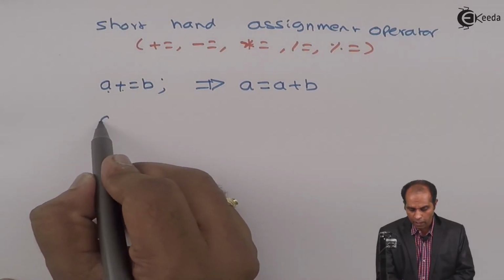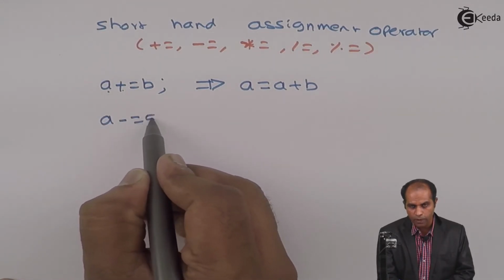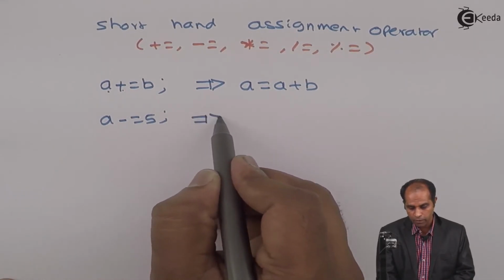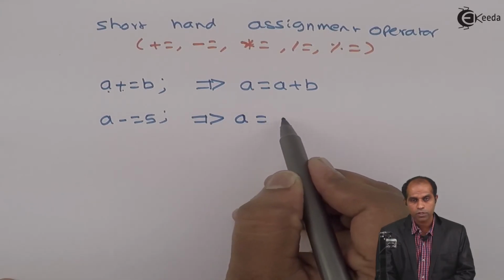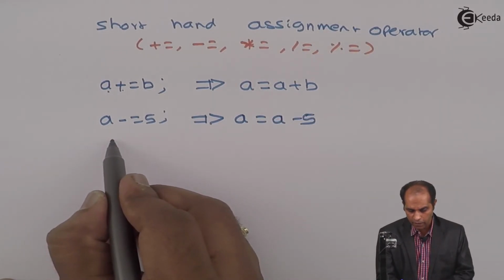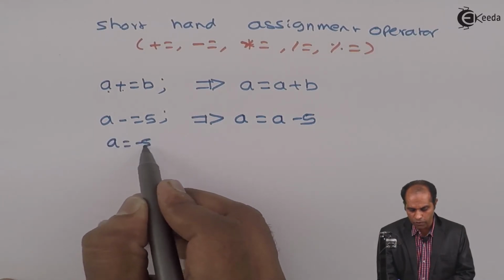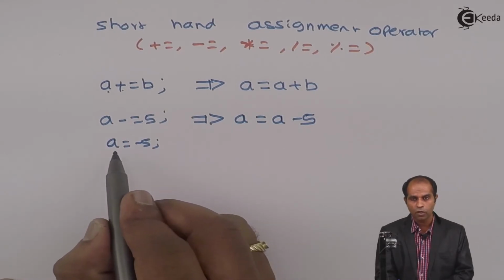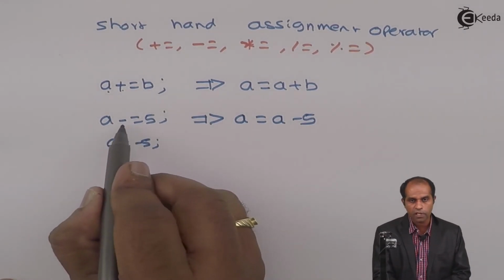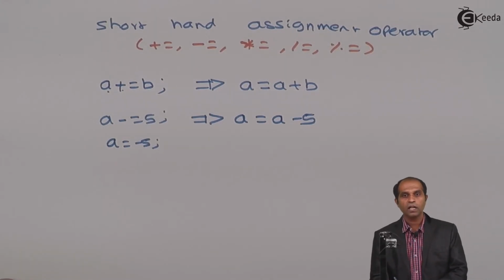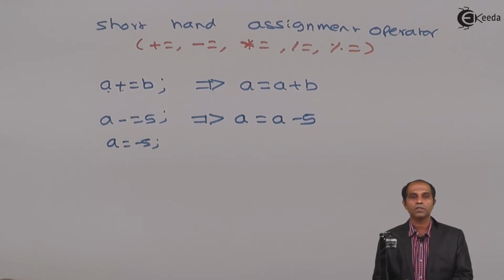Suppose I say a minus equals to 5, how does the expression get expanded? Say this with me. a equals to a minus 5. But if I say a equals to minus 5, does it mean that the same operation will be run? No. If I interchange the place of the arithmetic and the assignment operator, never say that it will still produce the same result.